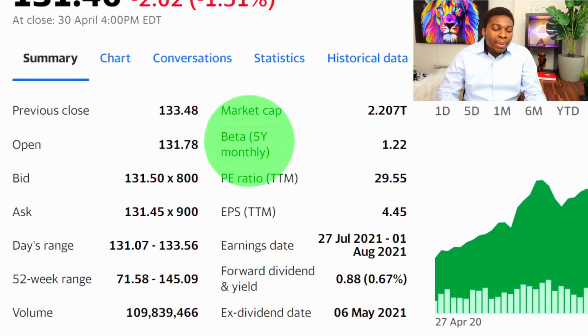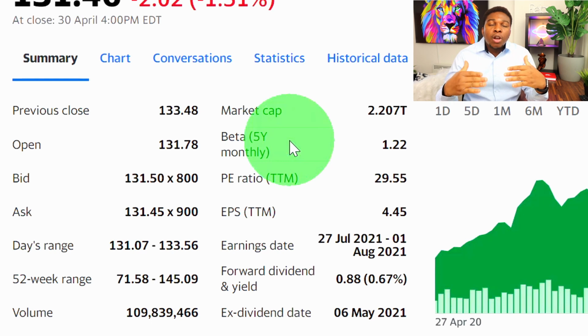The way beta is calculated involves variance, covariance, mean, standard deviation, and several other mathematical calculations, which is beyond the scope of this video. But it's here to tell us about the risk of buying an Apple share compared to the risk of buying the S&P 500 ETF, which is taken to be the average stock market prediction.